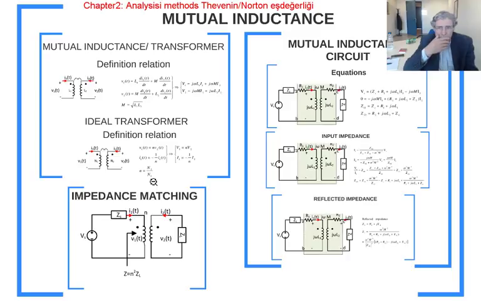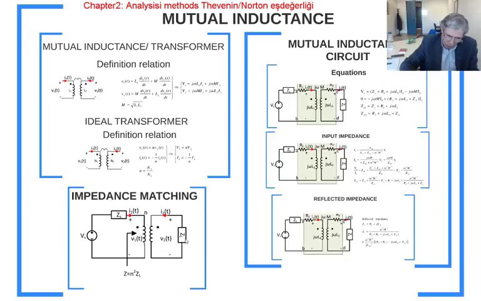One common application of this is impedance matching. If you have a ZL here and a ZS here, and ZL is not the complex conjugate of ZS, then you cannot transfer the maximum power to the load.